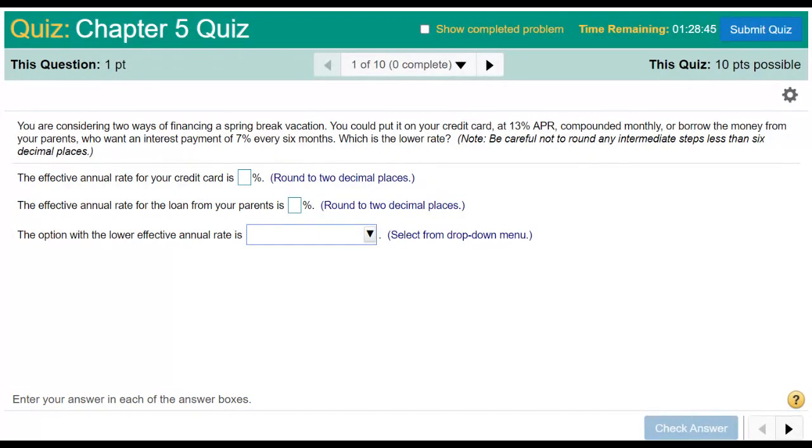And what do you get? 1.125835926. No, no, listen. 0.13 divided by 12 plus 1.